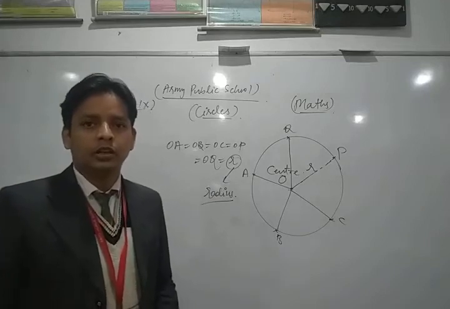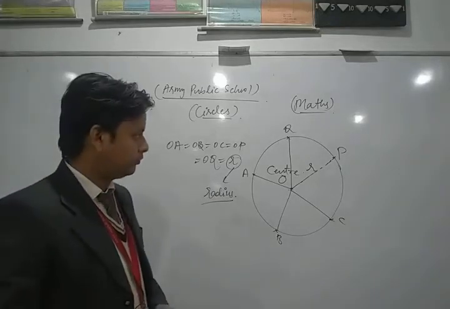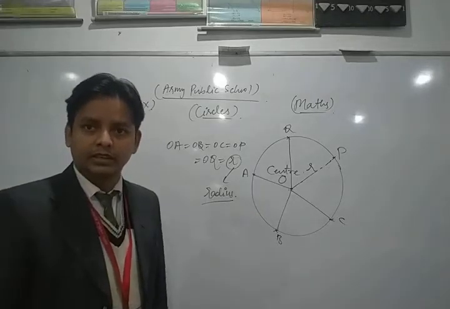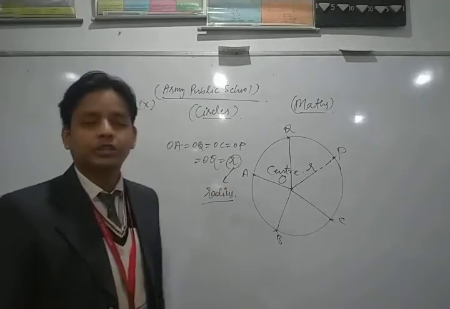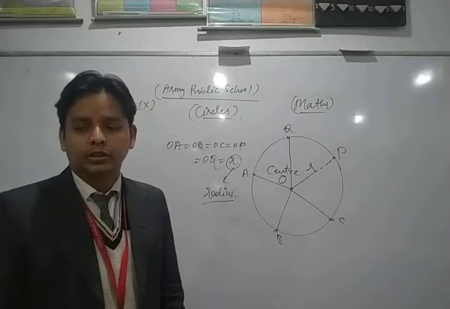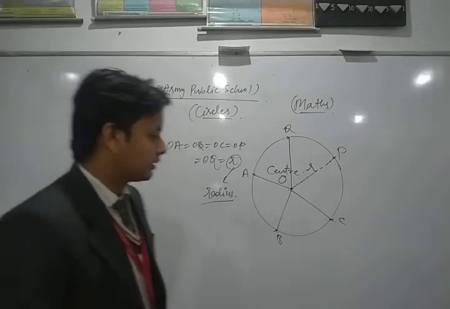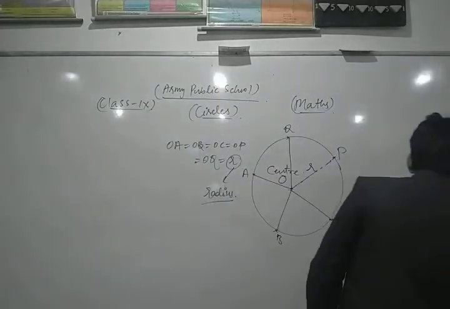So in this way you clear the concept of the circle. This is a very important chapter for your upcoming second term examination. Now we are going to discuss some other important terms related to circle.